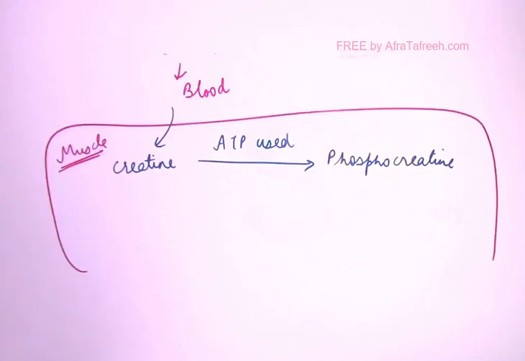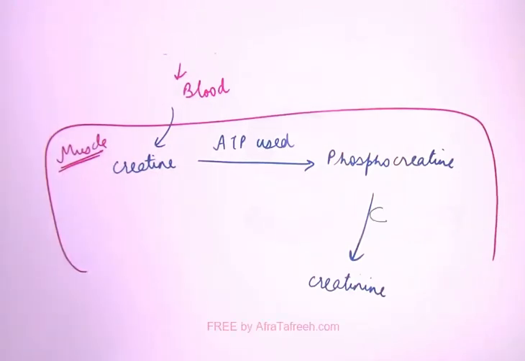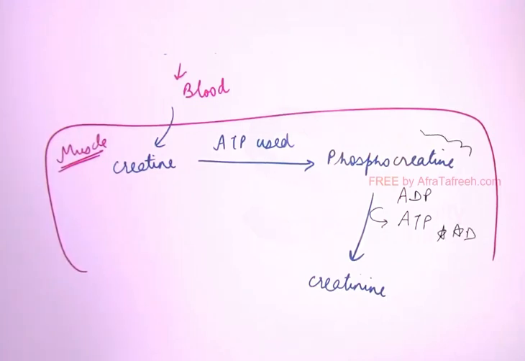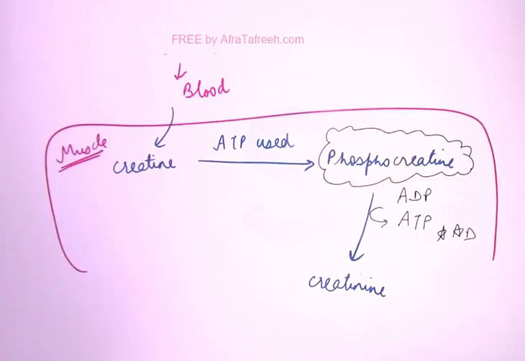Phosphocreatine will then be converted to creatinine. When phosphocreatine is converted to creatinine, there is formation of ATP. This phosphate group can be taken by ADP and ATP is formed. As ATP is formed in this reaction, we say that phosphocreatine is the immediate source of ATP for muscles.